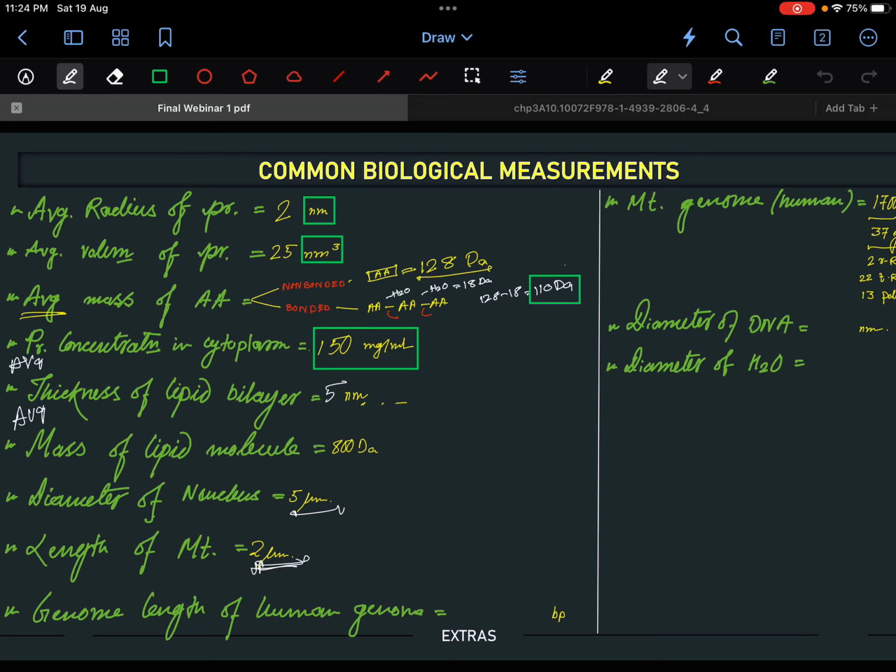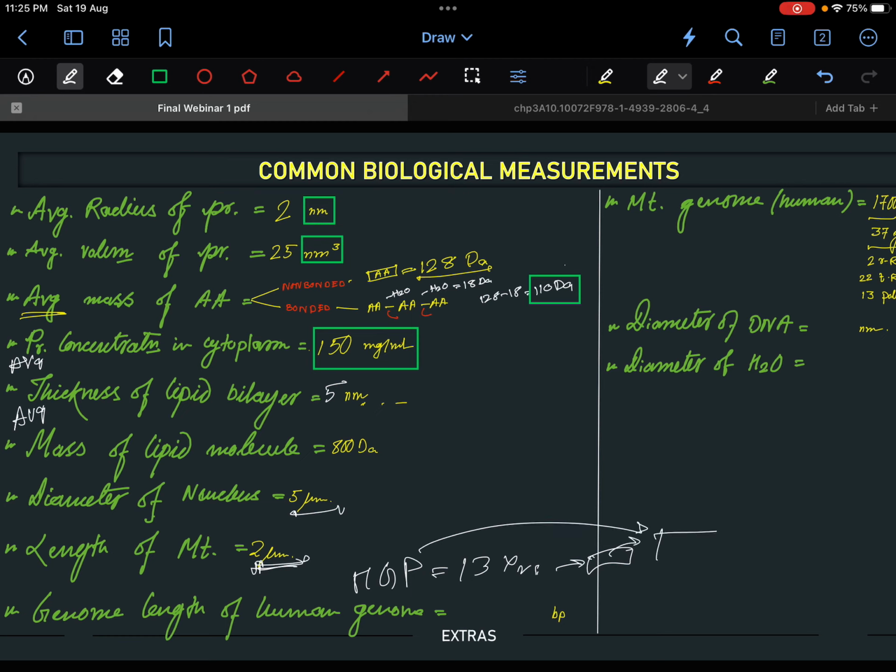Now, genome length of human genome. Why did I include this? Because it came from a revolutionary project, the Human Genome Project. How many years did it take? Almost 13 years, right? And what was the cost? Any guess? Just look it up on the internet and compare the cost of sequencing one human genome today with the cost in this Human Genome Project.